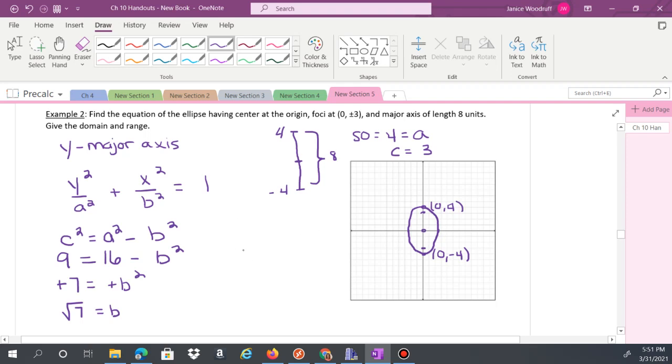So you would do y squared under a squared, so 16, plus x squared under b squared, which would be 7, equals 1. Or you can write that as x squared over 7 plus y squared over 16. Doesn't matter which way.